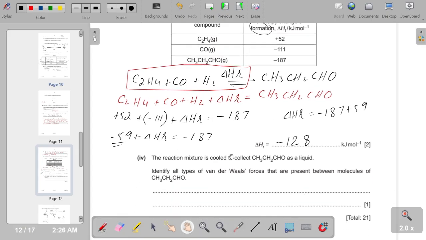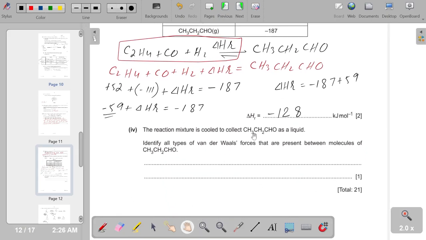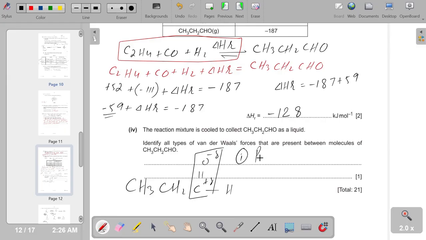Okay, so the next question is: the reaction mixture is cooled to collect CH3CH2CHO as a liquid. Identify all types of van der Waals forces that are present between molecules of it. If you check the structure, you have this CH3, CH2, and then C double bond O, and here you can see H. You notice a positive charge and a negative charge, and because of this polarity, number one, there is a permanent dipole force. Is it clear?